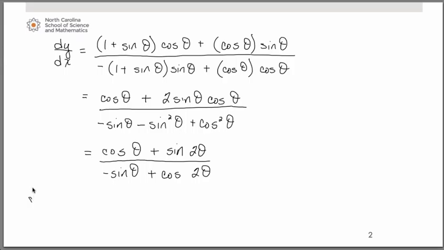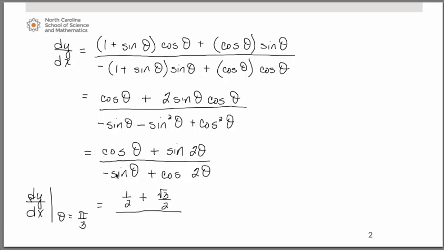Now we can go ahead and find the specific derivative at the angle of pi over 3, once again using our unit circle knowledge. So we have cosine of pi over 3, which is a half, plus, now we have to multiply that pi over 3 angle by 2, so that gives us 2 pi over 3, and then take the sine of that, which is square root of 3 over 2.